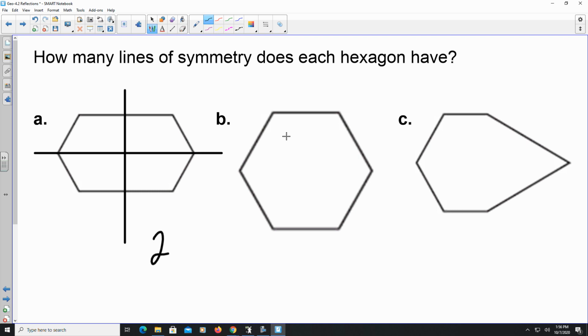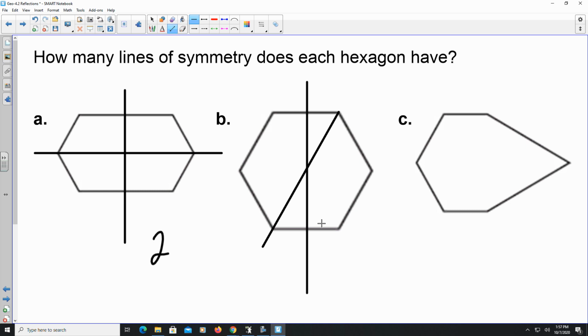If I look at part B here, it looks like I could cut it here, which is one, and move it over a little bit. So that's one. I could say right here, which is two.